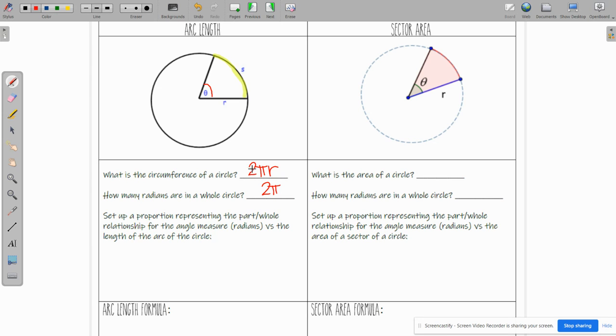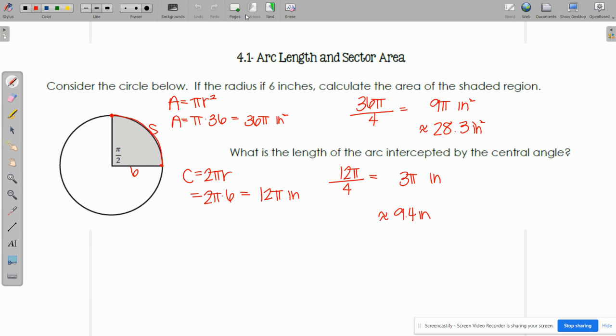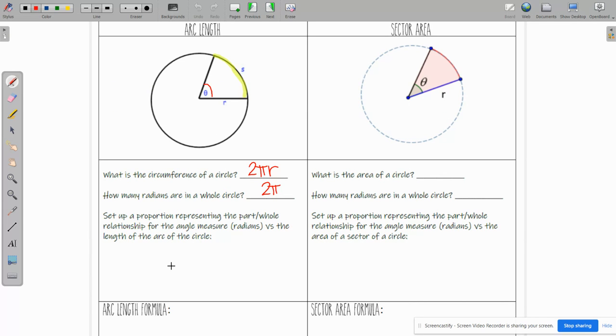So both of these are statements about an entire circle, but we found out in our example before that we can use a proportion here, right? Whatever the ratio is of this angle to the entire circle is equivalent to the ratio of this arc length to the entire circumference. So we can write that formula.